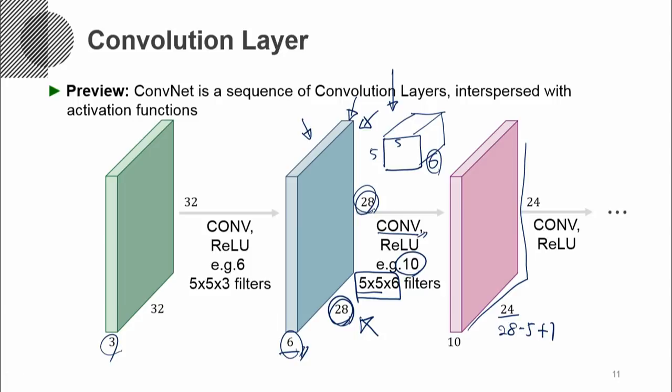And that's how we reduce the width and height. In the case of the depth, since we have 10 different filters in this convolution layer, we will have 10 different activation maps of size 24 by 24, each as a thin matrix, and thus the depth will be 10, which is the same as the number of filters that we have in this convolution layer.